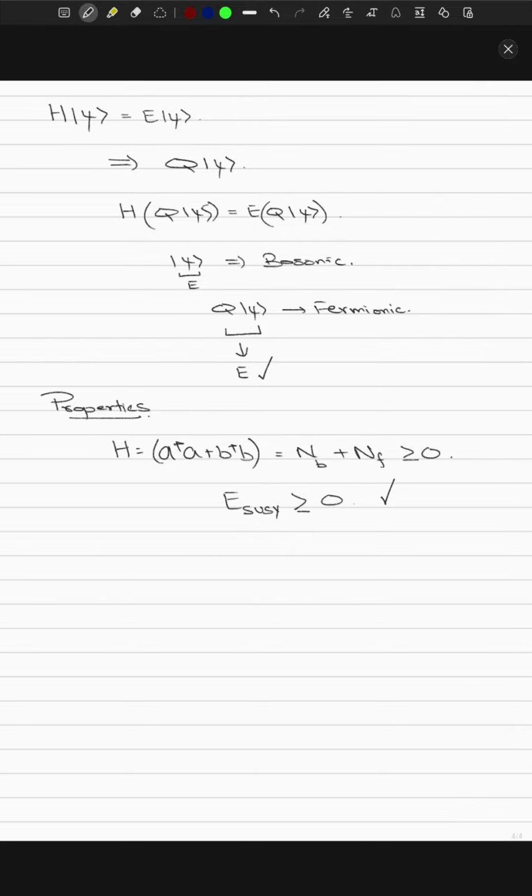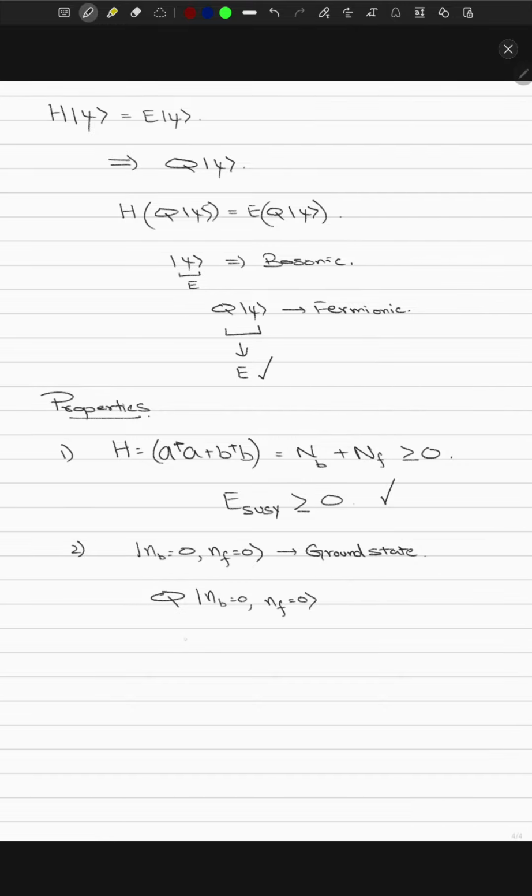Okay, so this is one of the properties, and the other property of the SUSY system concerns the ground state. What would be the ground state? It would be NB equals 0 and NF equals 0. This is the ground state of the harmonic oscillator. What happens if I take my supercharge operator Q and act it on this state, NB equals 0 and NF equals 0?